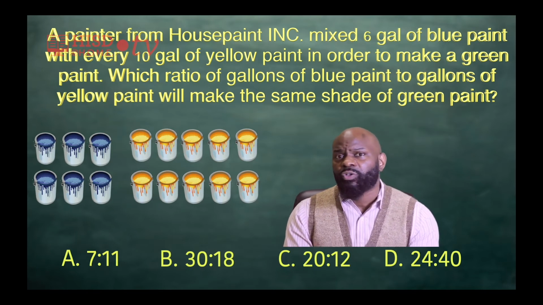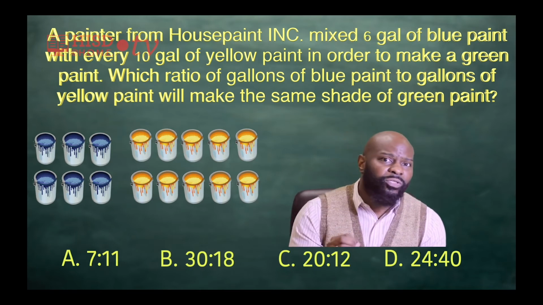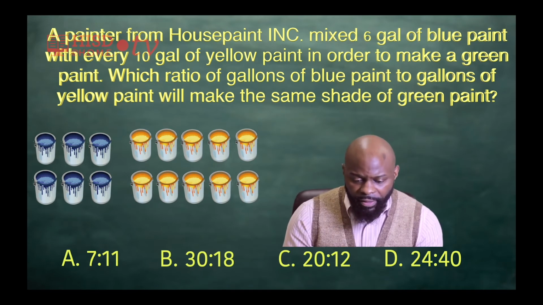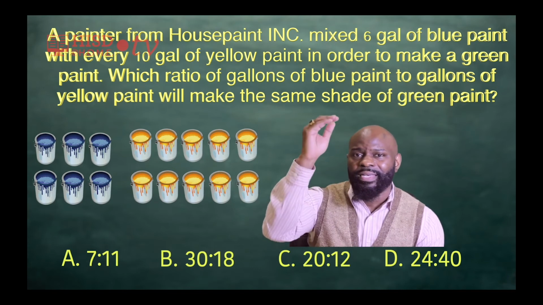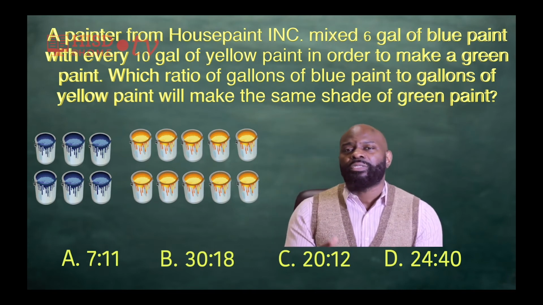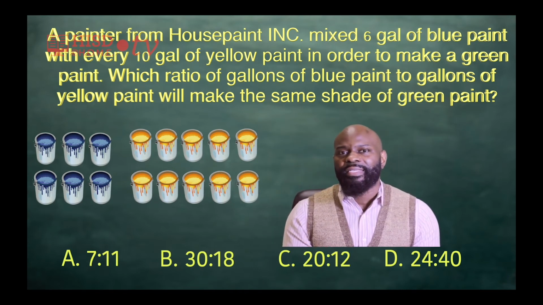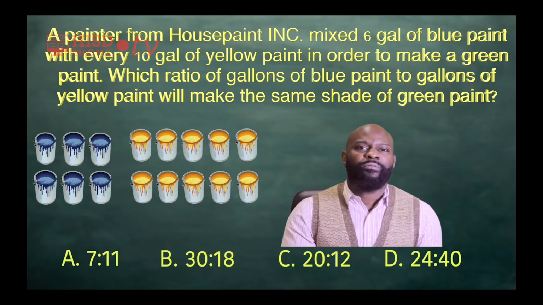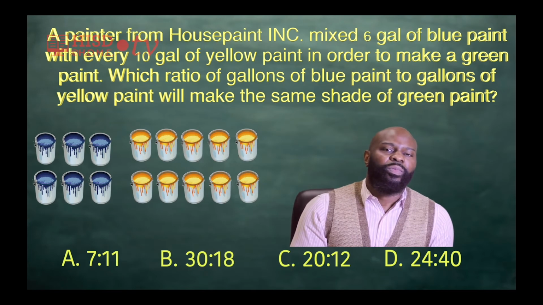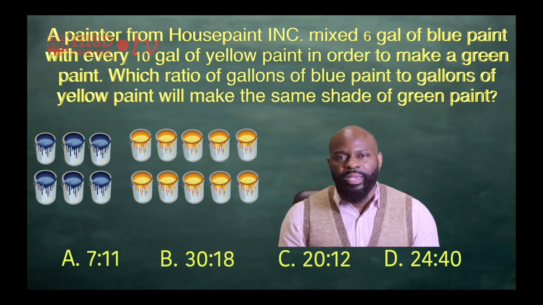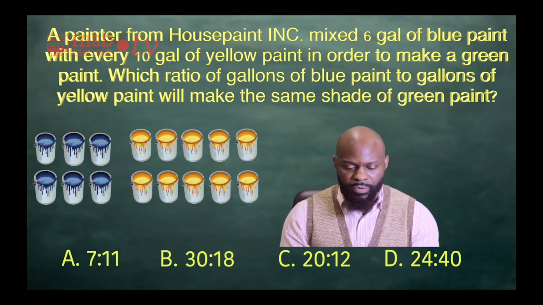Okay, so the first order of business is I'm gonna first write my ratio, okay? And my ratio in the word problem is 6/10. Now I told you earlier that the easiest way to solve a ratio or to see if something is proportional to a ratio is to make sure that you write it in a fraction form.